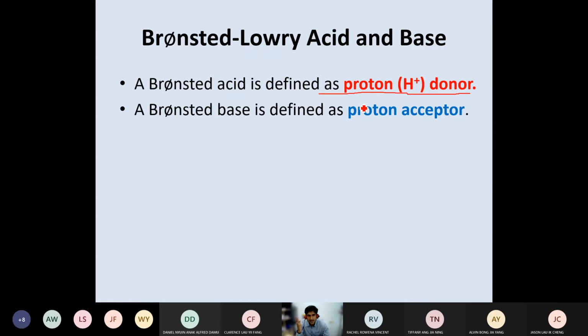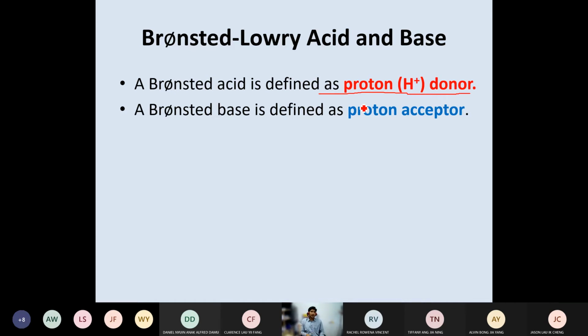According to Bronsted, a Bronsted acid is an acid which can donate a proton, and the base is the opposite thing, that accepts that proton, right? So one is giving, who is rich is giving the money, and the poor is taking the money. So it's such a simple way, right?